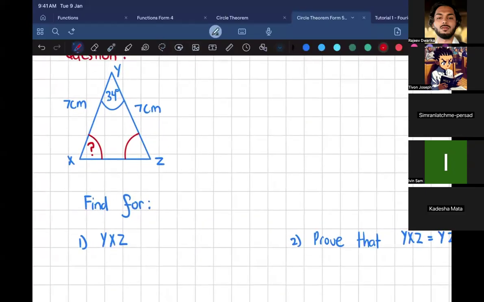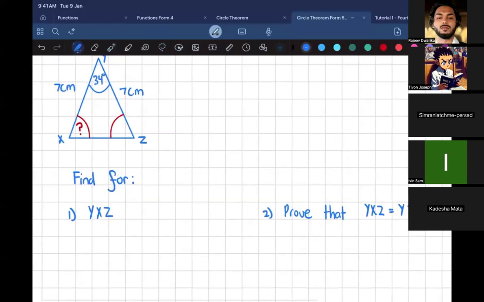So Simran, in a triangle, what if I add up all the angles? What am I going to get? 180. Correct. And these two angles are equal. Correct. I know it has to add up to 180. So if I subtract 34 from 180, I'll do some quick mental maths.